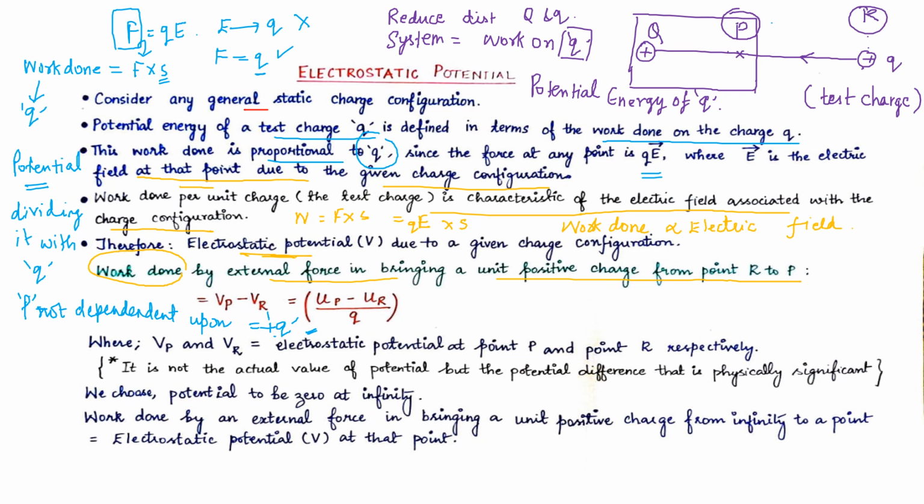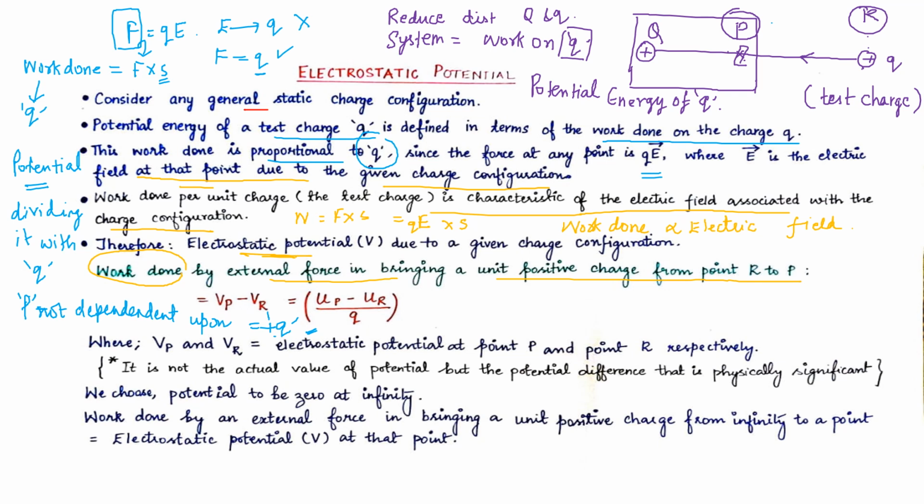So as soon as it is coming here, to find the potential for our charge q at point P, we tend to divide the potential energy stored by the small q by the magnitude of test charge, or by the magnitude of small q itself.